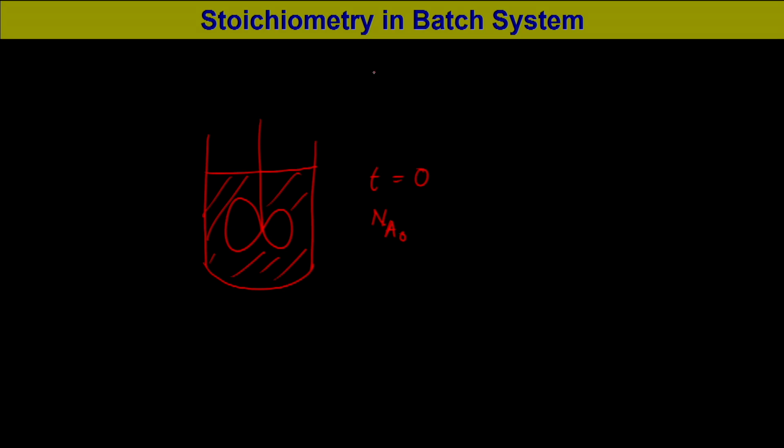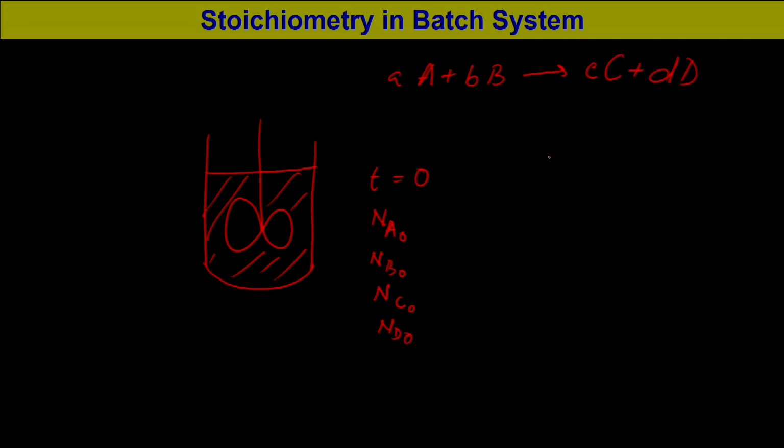So, the reaction is A plus B to C plus D. At t is equal to 0, the initial moles of all the reactants and products are given, that is Na naught, Nb naught, Nc naught and Nd naught.